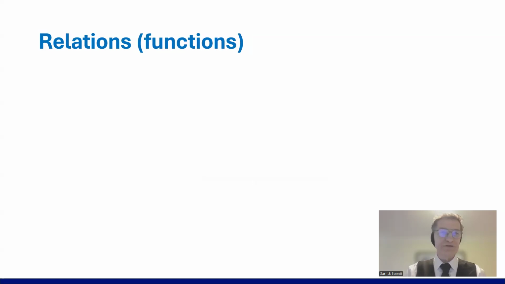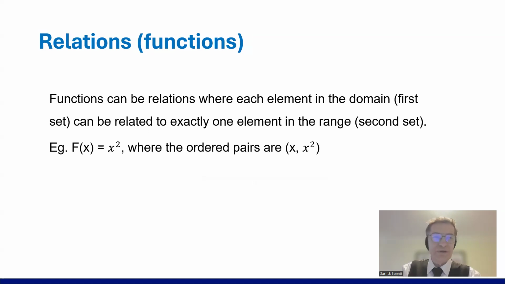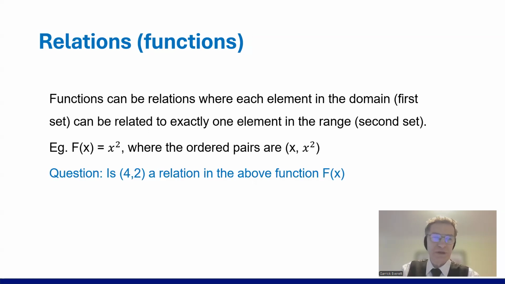Functions can be relations where each element in the domain, the first set, is related to exactly one element in the range, the second set. For example, f(x) equals x squared, which you've definitely seen before, where the ordered pairs are x and x squared.